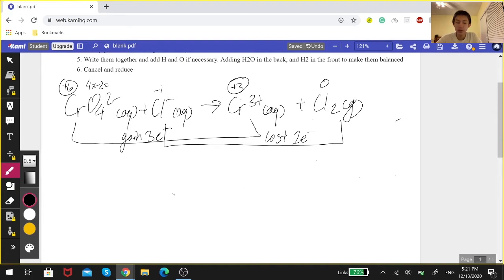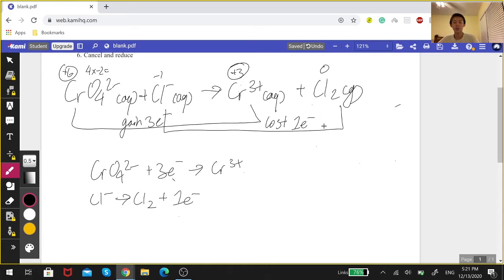The first half reaction is CrO4 2- gains 3 electrons to form Cr3+. And the second one, Cl- makes Cl2 plus 1 electron.